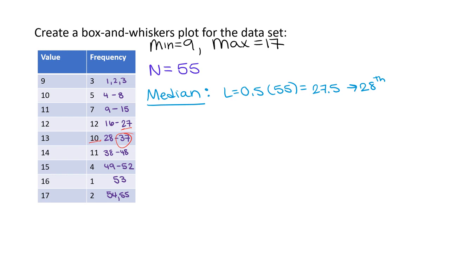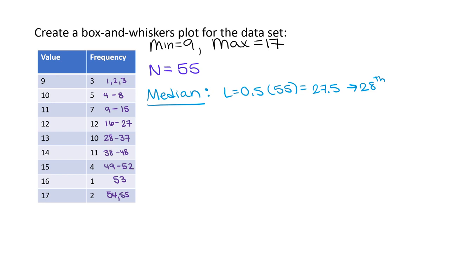So data values 28 through 37 are 13. 37 plus 11 is 48. 48 plus 4 is 52. And there's only one value of 16, so that's the 53rd value. And then 2 values of 17, that's 54, 55. Oh, that's nice that I stopped at 55. That tells me I probably didn't make a mistake because there were 55 data values in this set.